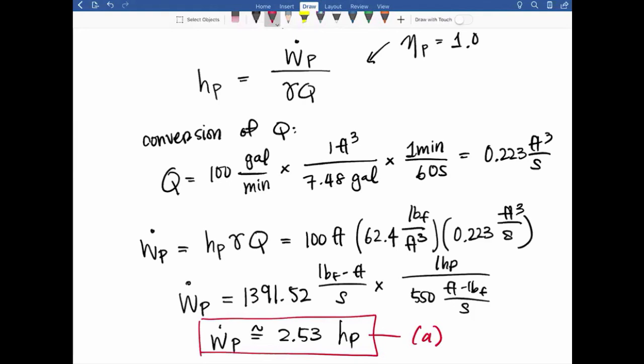Now, does anybody have questions on this solution? I have a question on the efficiency. When is it not 1? It has to be given in the problem statement that the pump was operating at some efficiency. Let's say you had to solve the problem that way, and then it said over time, this is the work that it actually produced.